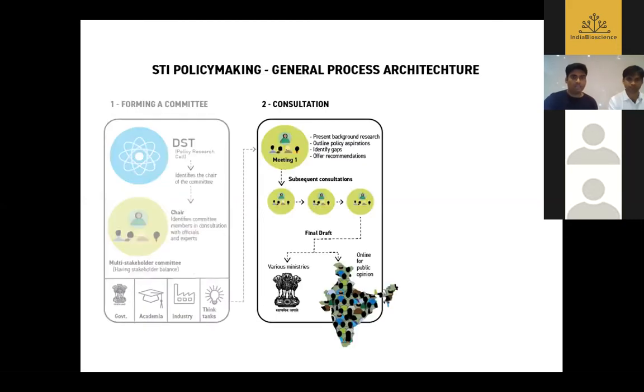And then this committee goes for consultations. The primary, first consultation starts with that outline document or priorities in mind, and then they come up with a first draft, which they take to subsequent consultations. The first draft doesn't just come from the identified members and chair sitting together and discussing. It takes into consideration various policy documents and recommendations submitted to the committee directly, or the committee scouts for documents outside and brings them to the table to form the draft.